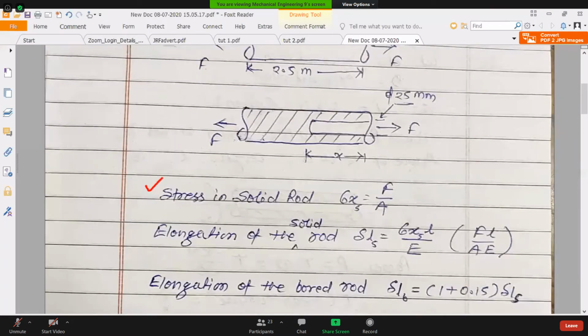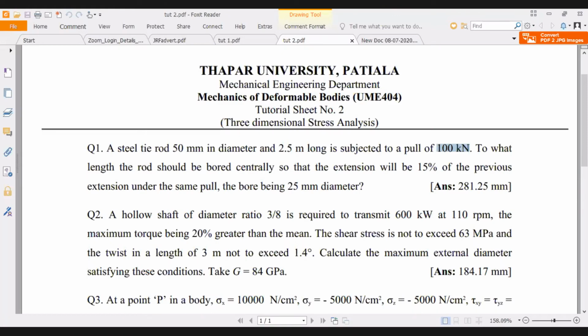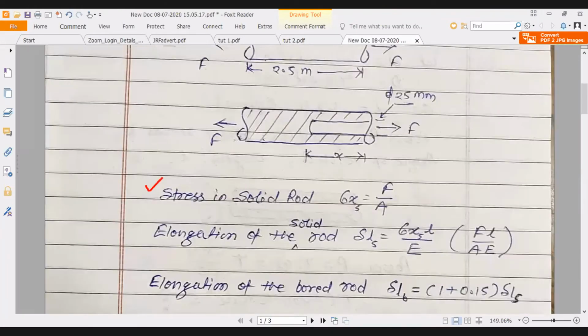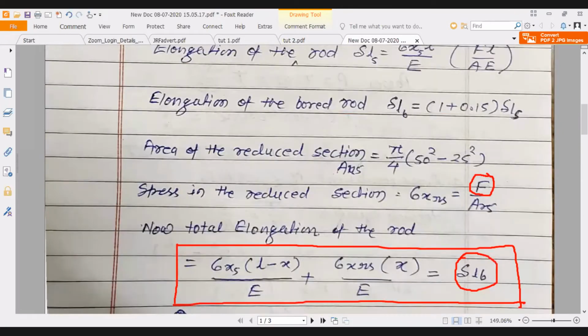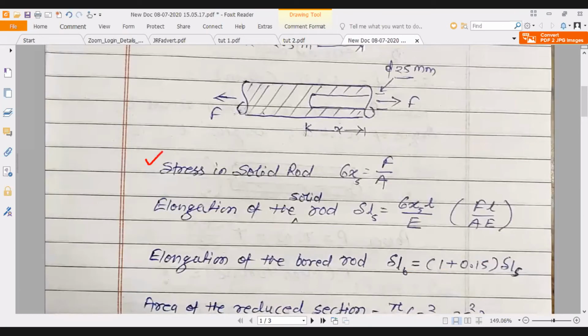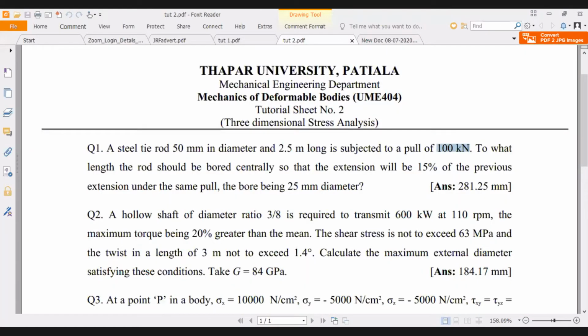In the tutorial sheet the value of x is already given to you. So now you all try to solve. This is a very basic question of stress analysis. Try to solve it yourself and match your results with the answer given in the tutorial sheet.